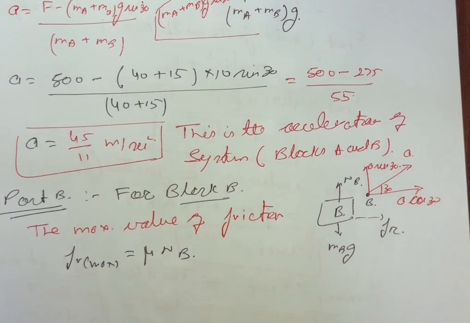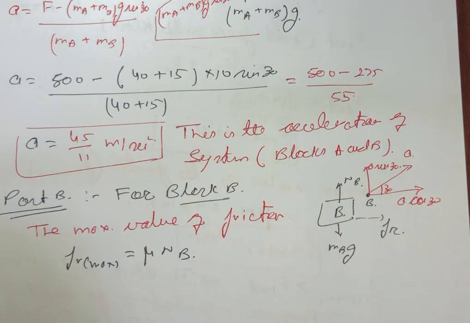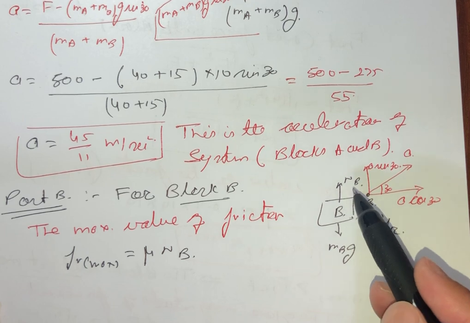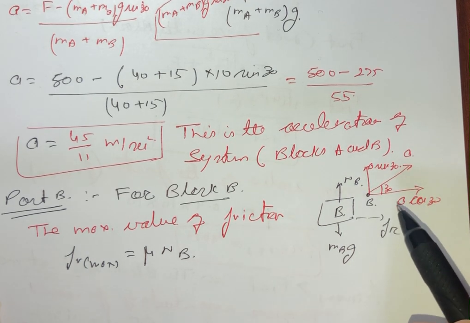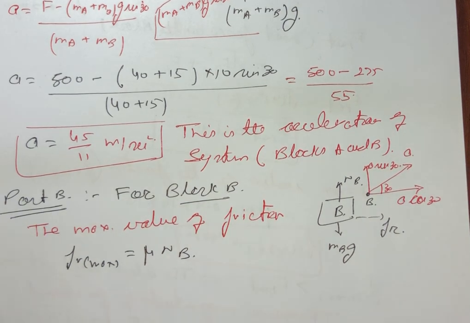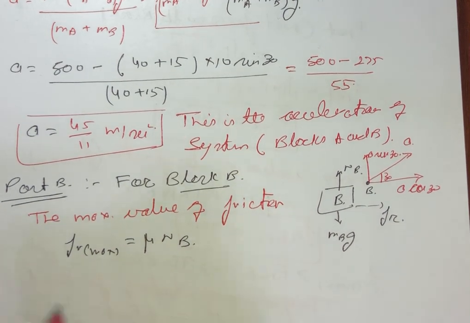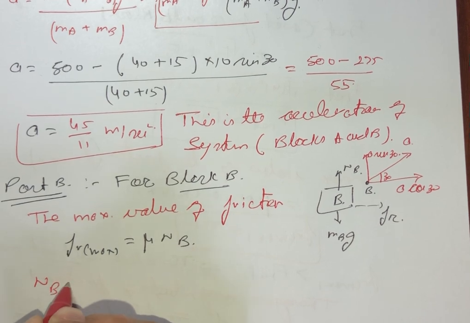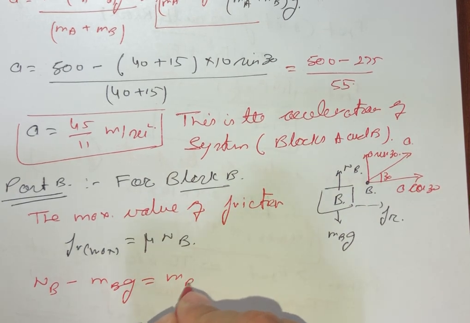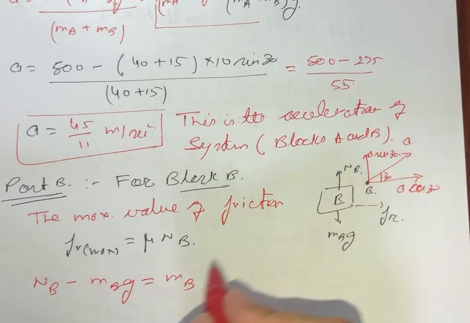For NB, since it is moving in the upward direction, NB minus MB G will be equal to MB multiplied by A sine of theta.